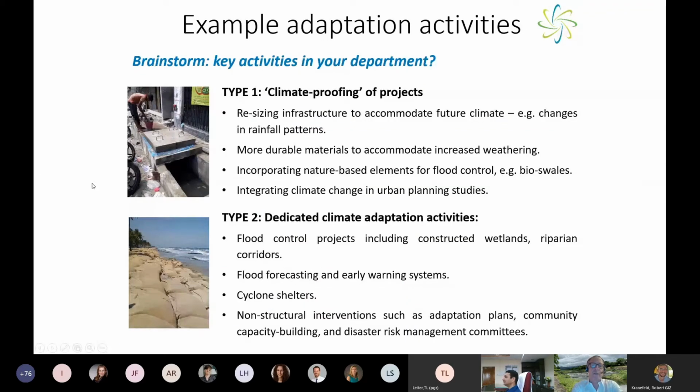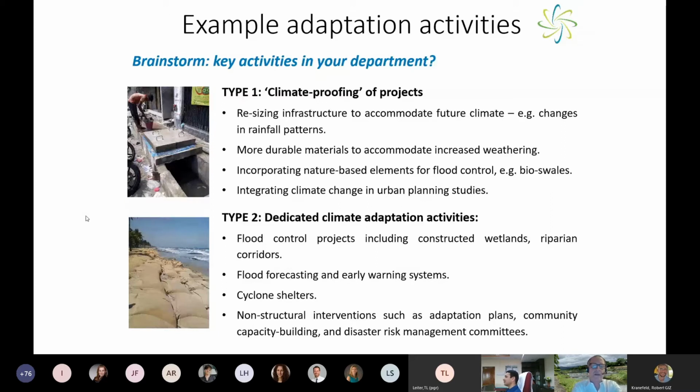So climate proofing, resizing infrastructure for future climate impacts, you know, give me an additional 2 meters of freeboard and more rebar and thicker concrete and more protection against storm surge, to incorporating nature-based elements, and we are doing a lot of NBS work, and that's a separate but interesting discussion that we don't have time for.